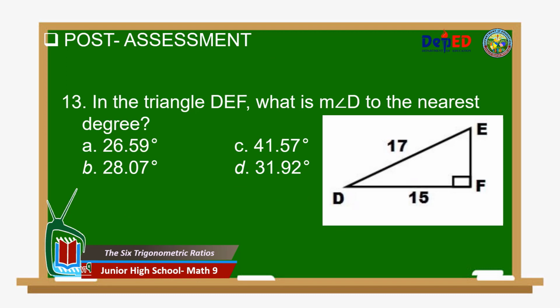In the triangle DEF, what is the measure of angle D to the nearest degree? A. 26.59 degrees, B. 28.07 degrees, C. 41.57 degrees, or D. 31.92 degrees.